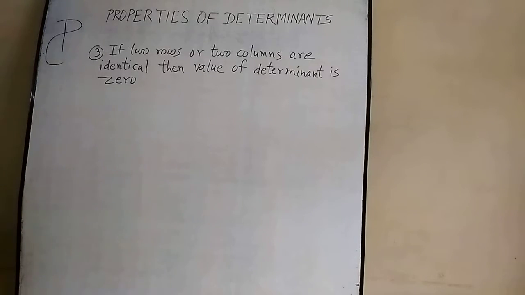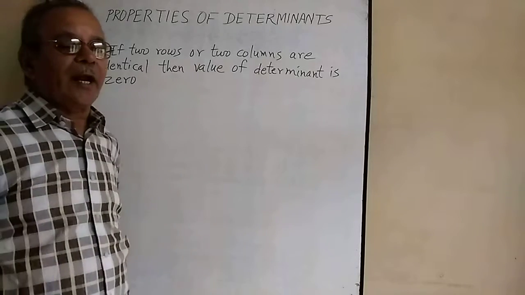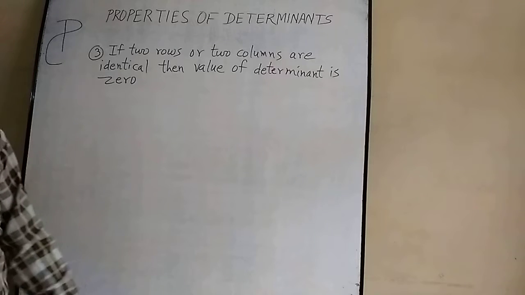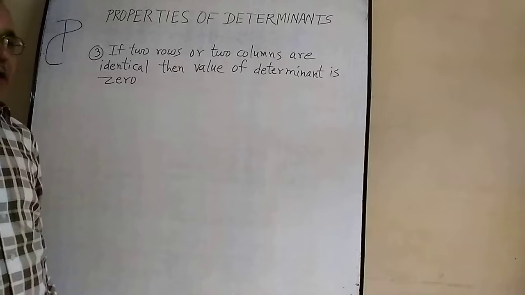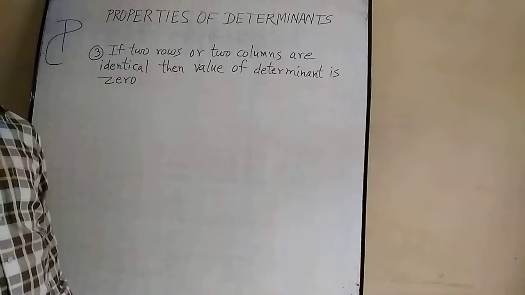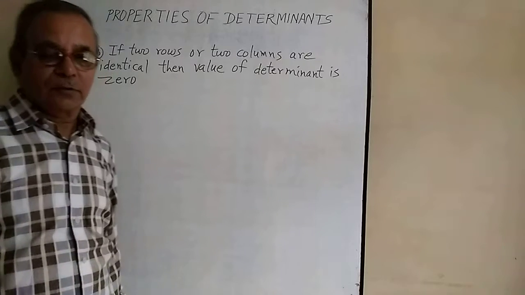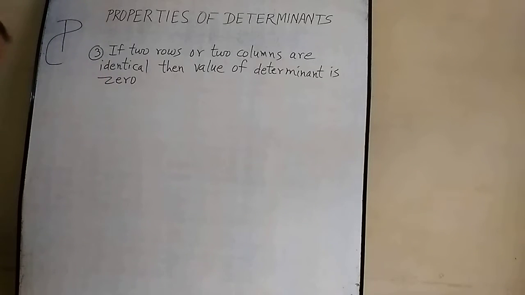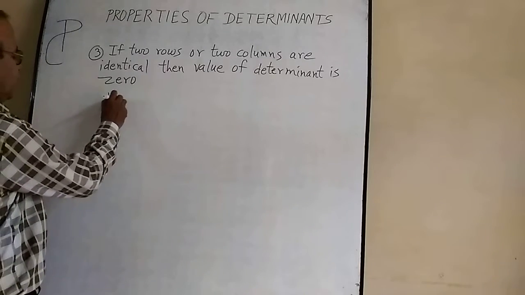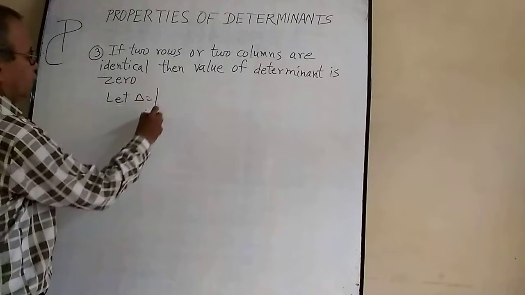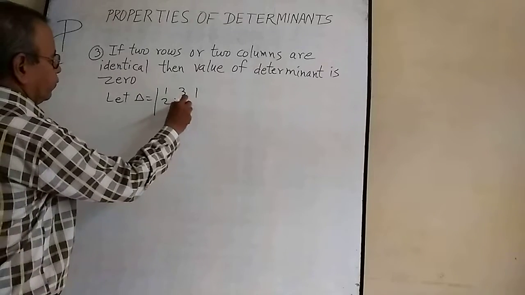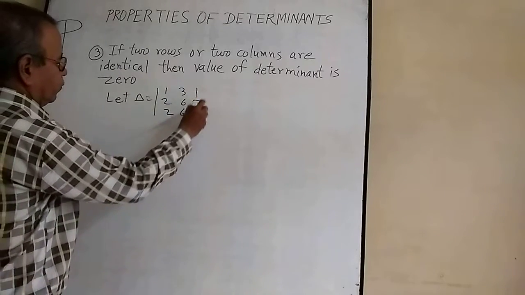In the third property, the rows and columns are identical. Rows and columns are identical means any two rows or any two columns have the same values, and at that time the value of the determinant is 0. Just for example, let delta be equal to this.